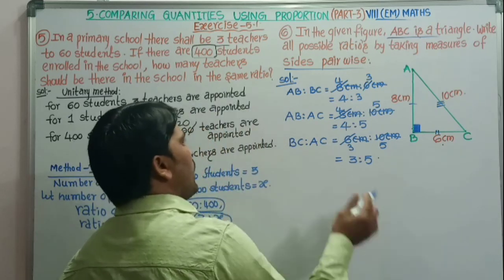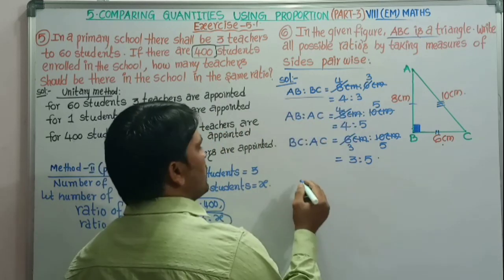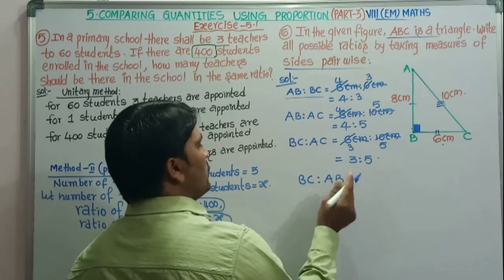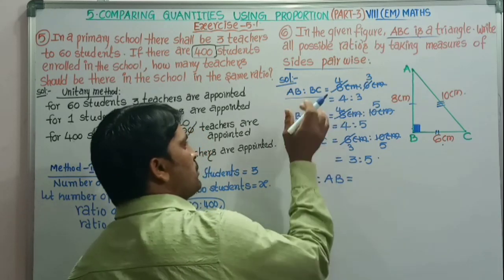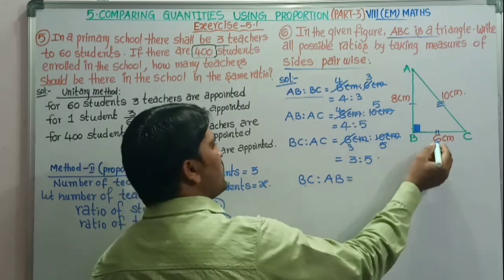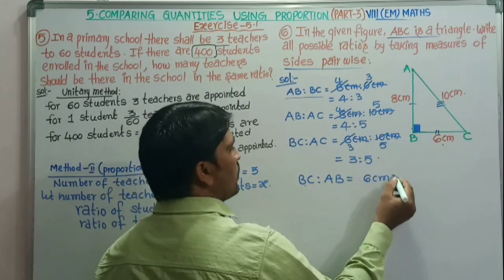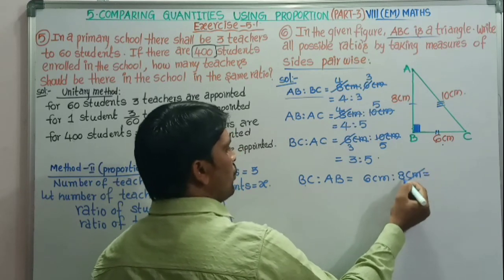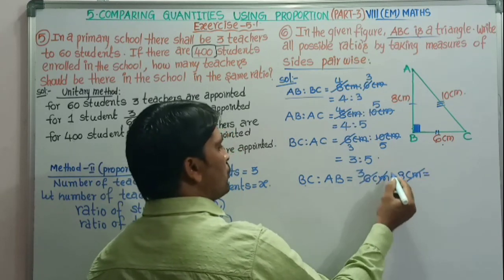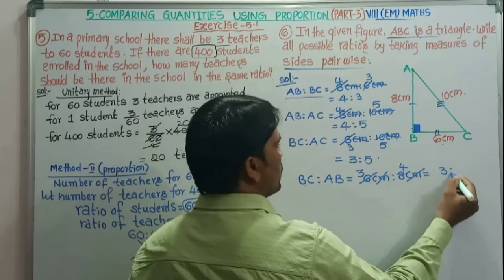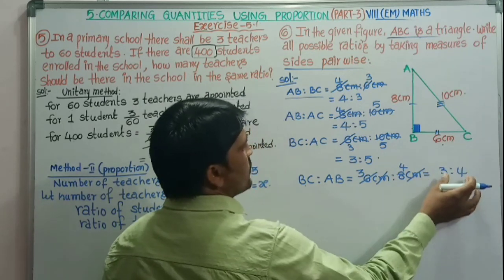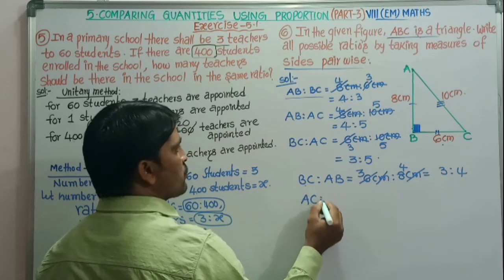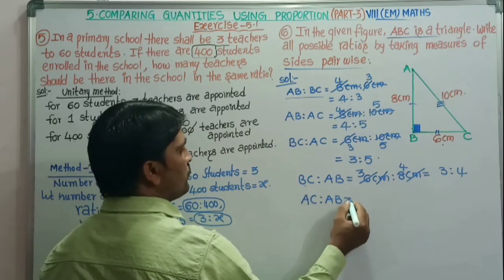And consider the inverse ratio of AB is to BC, that is BC is to AB. So BC length is 6 centimeter, AB length is 8 centimeter, which is equal to 3:4. Yes, 3:4 is the inverse ratio of 4:3. Similarly, consider the inverse ratio of AC is to AB.